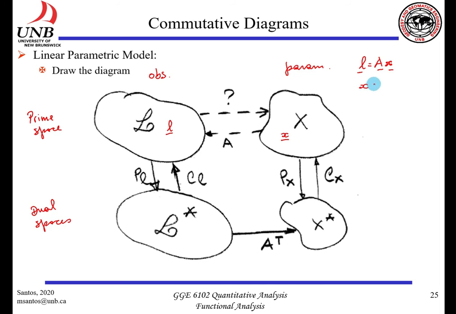What about the opposite? How can we link parameters and observations?